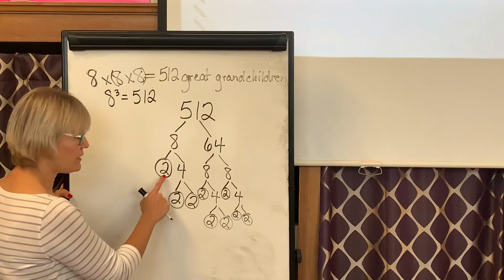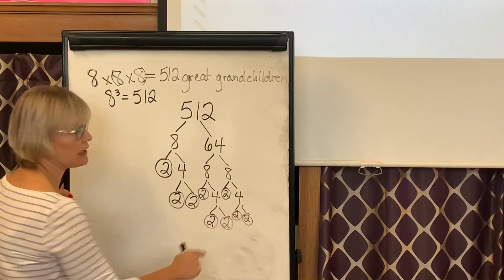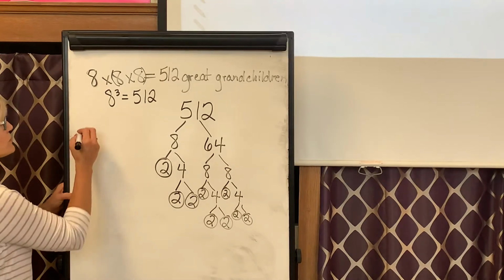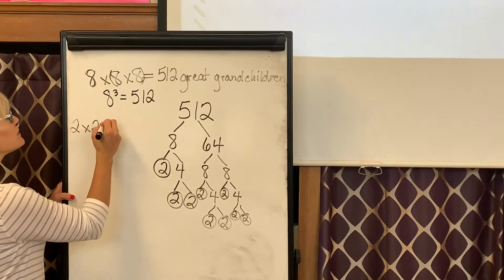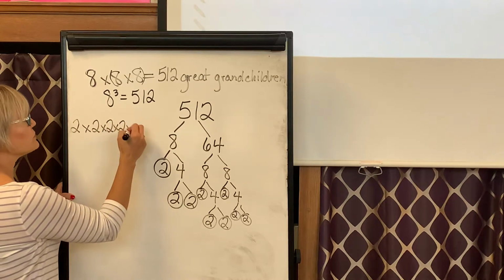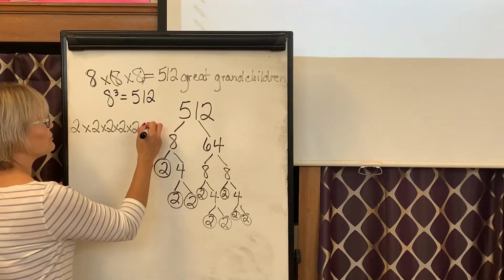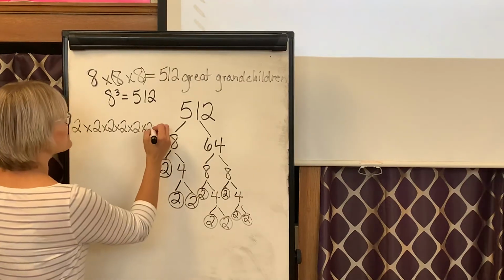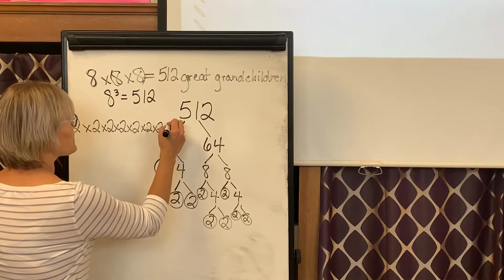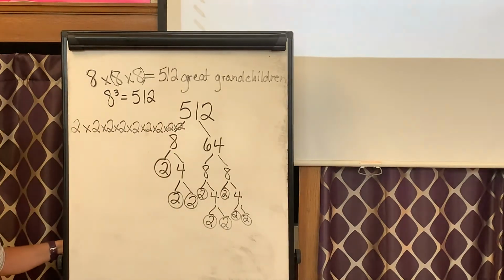Let me count those again. 1, 2, 3, 4, 5, 6, 7, 8, 9. A lot of 2's. So when I write this, I have 2 times 2 times 2 times 2 times 2 times 2, sorry. I was counting. 9 2's. That's a lot of 2's.